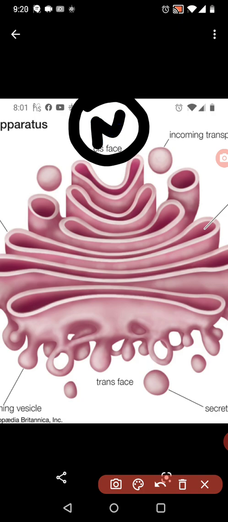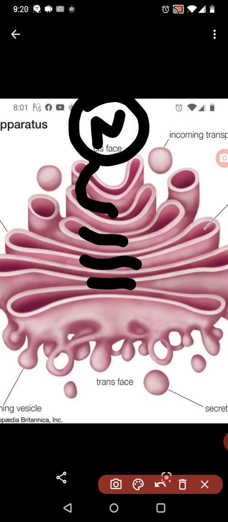Now this protein is released, and a layer forms around the protein in the form of a vacuole, and this vacuole will pass through the Golgi apparatus through the cisternae, and then it will move to the trans phase.